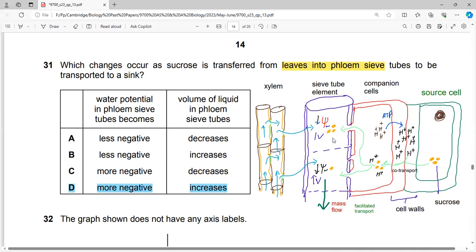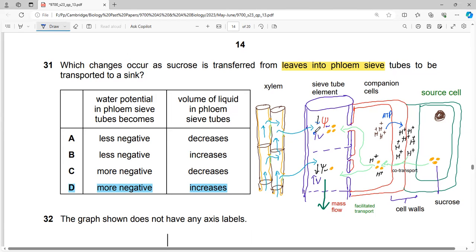When the sucrose is loaded into the sieve tube element, the water potential of the sieve tube element will decrease. Why? Because high solute means low water. In this way, water will move from the xylem to the sieve tube element by osmosis. When water moves from xylem to the sieve tube element, the volume of water will increase here.